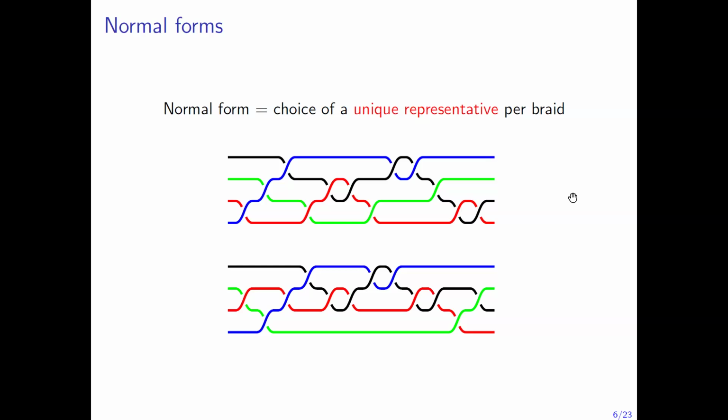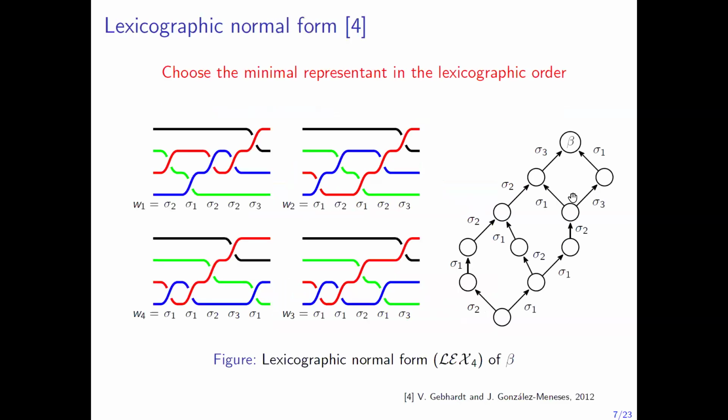Otherwise, manipulating braids in a computer is not really feasible. And the problem here is that we have no canonical way to do it. Every choice seems reasonable at first. So we're going to try some things and hope that those languages have nice properties. So let's go for it.